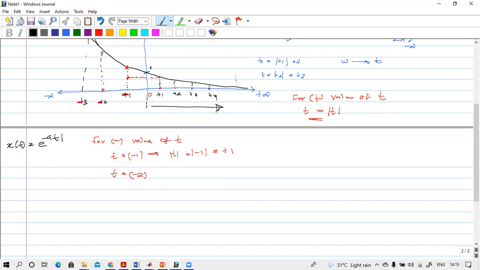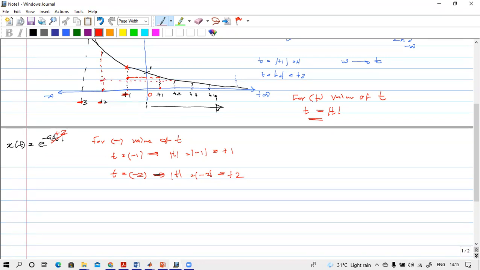This is our function. If you take the absolute value of minus 2, you will get plus 2. So here you have not minus 2, you have plus 2. So this point is also equal to this point.